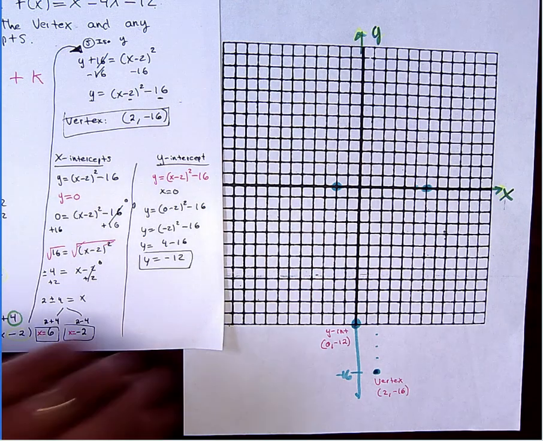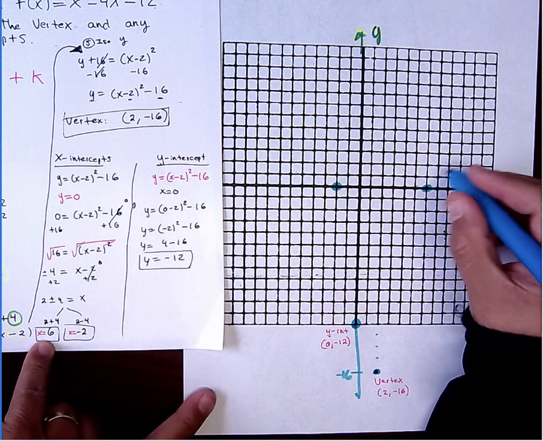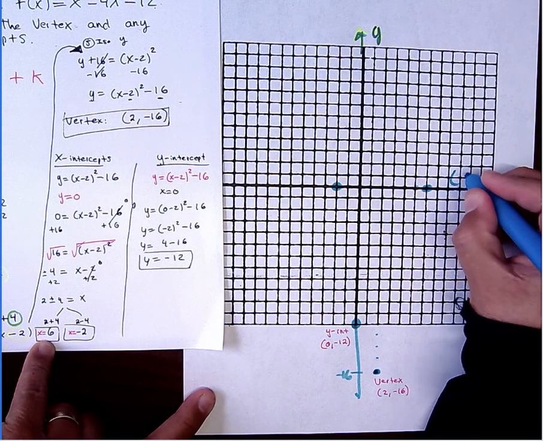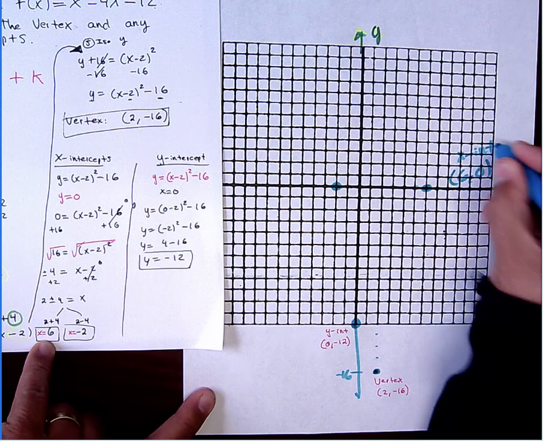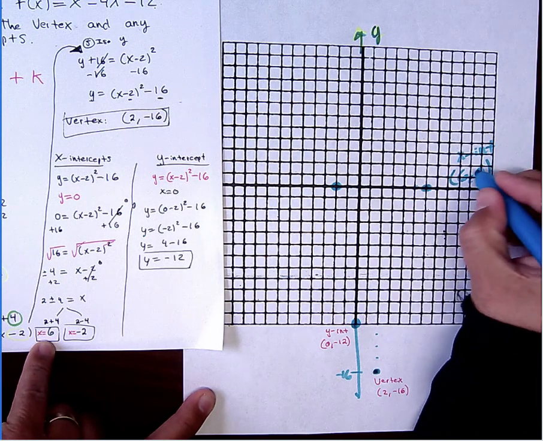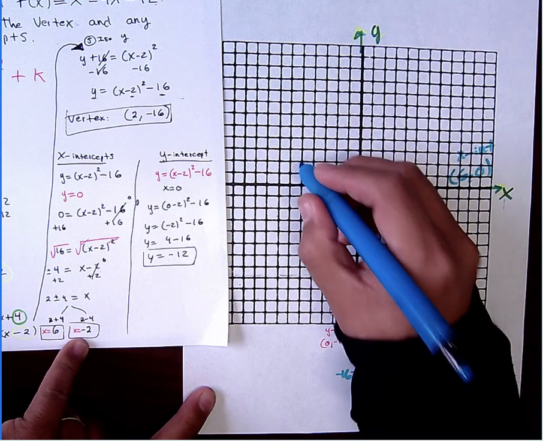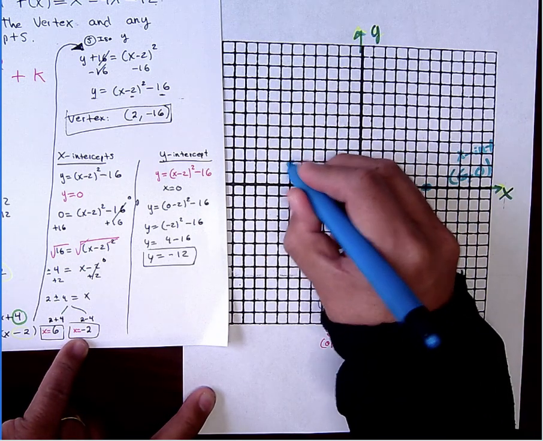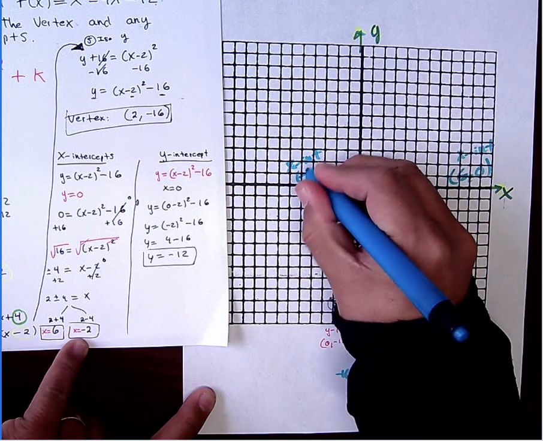Let's see what I can write. The x-intercept would be 6, 0. This is the x-intercept, 6, 0. And this is the other x-intercept, and it's negative 2, 0.